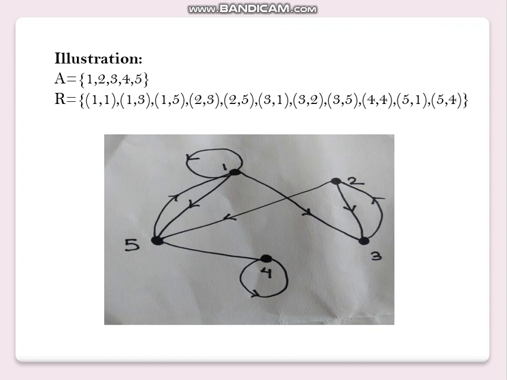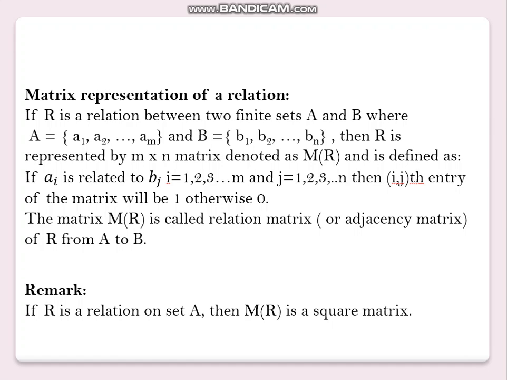The next is matrix representation of the relation. This may be from the set A to A itself or from a set A to B, another set. R is the relation given. We are going to denote the matrix by M_R.